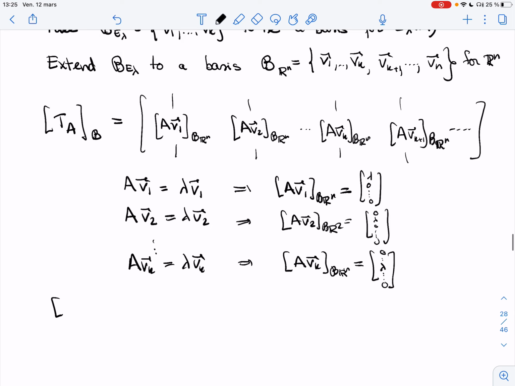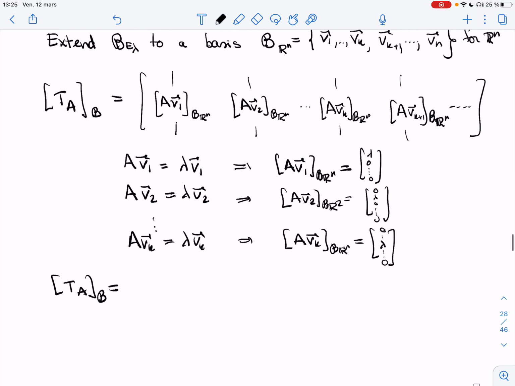And so if I look at what T_A of B is, that's going to give lambda in those first k columns. Let me be a bit more precise. I'll get lambda, 0, 0, 0, lambda, 0, up to the kth one, and then underneath, I'm just going to get 0.